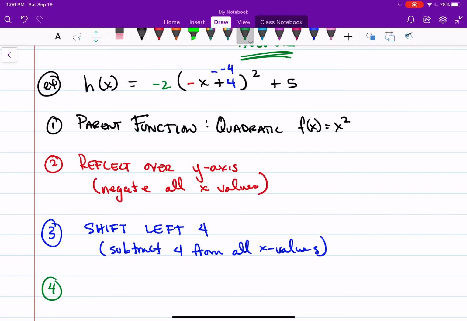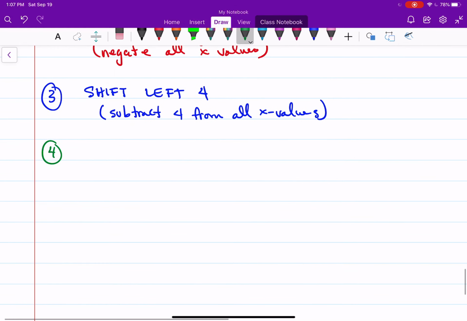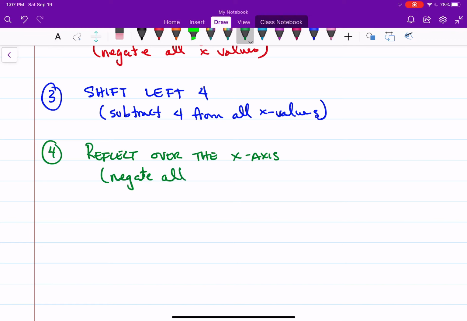Is it the y value, the x value? It's the y value that's getting affected. So therefore, if I went from positive y to negative y, I'm reflecting over the x-axis, right? So I'm going to negate all y values.